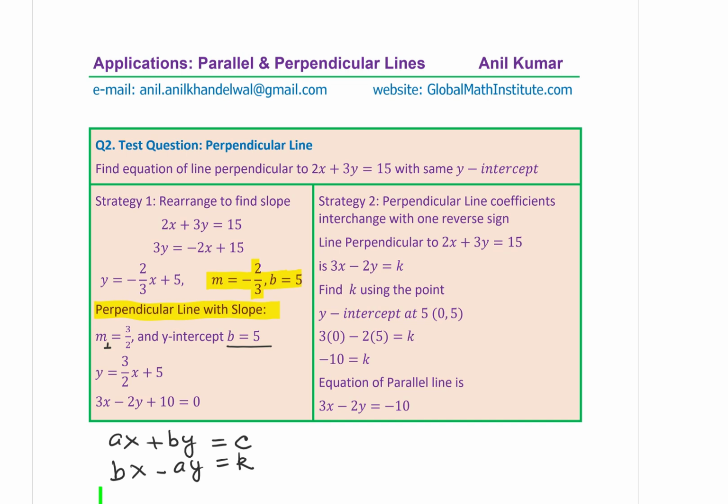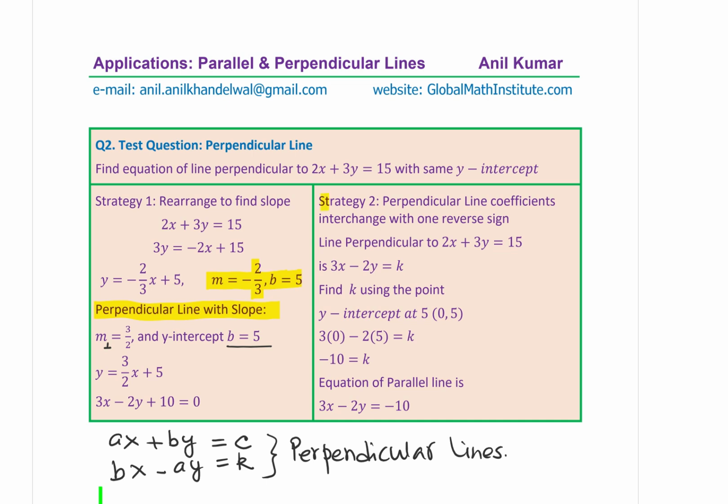And once you do that, you can find the value of k. So for these perpendicular lines, what do you notice? We notice that the coefficients interchange with a negative sign. You see that? And that gives us the strategy.